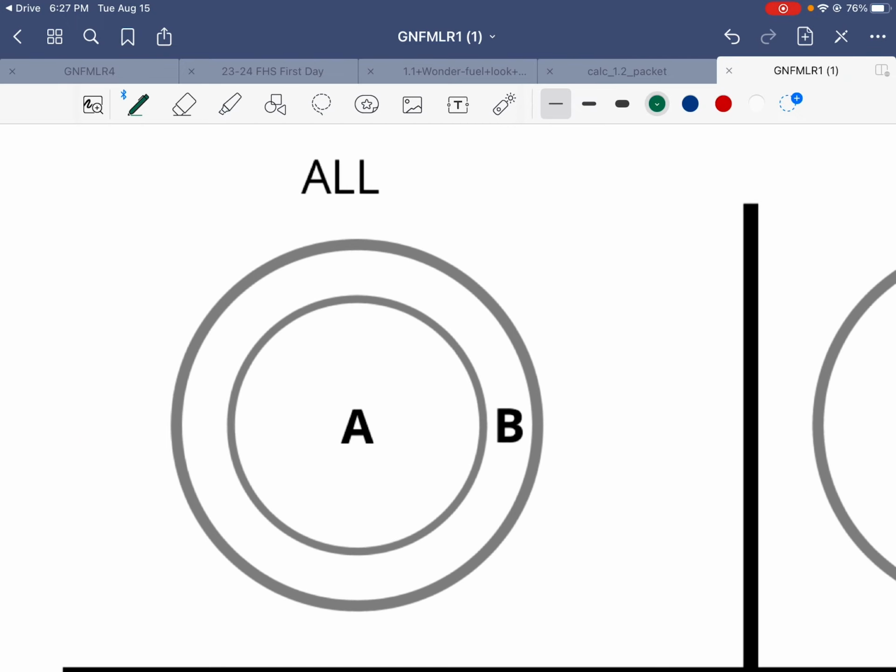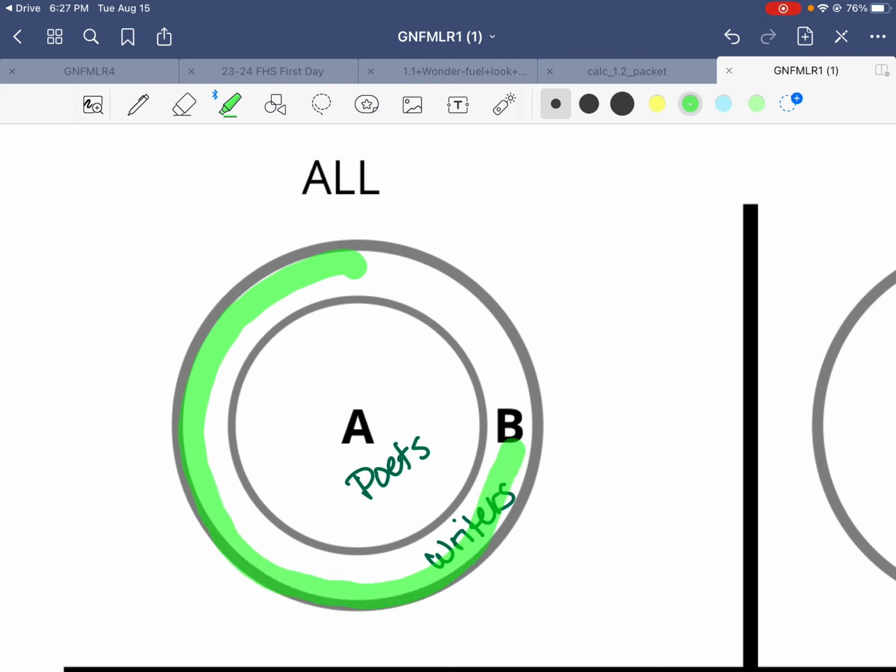So all. It makes sense that if I have poets on the inside, right? So let's say my group A is poets and my group B is writers. So what I'm saying is that there is this container called writers. And this container is one big giant circle. But within that circle, there are poets. Okay, so inside that circle are poets.